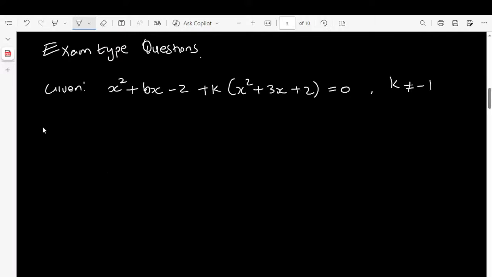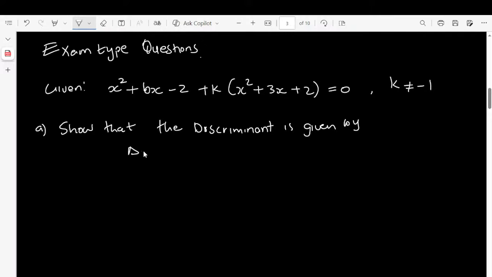Okay, then the first question says show that the discriminant is given by the discriminant is equal to k squared plus 6bk plus b squared plus 8.